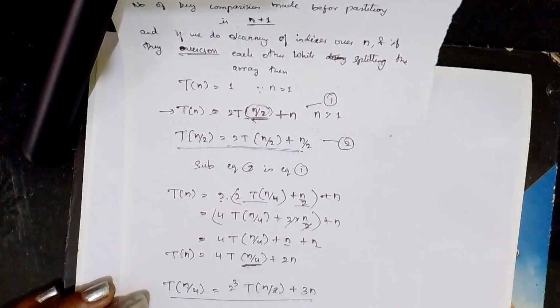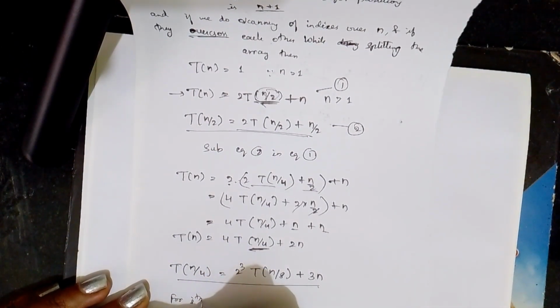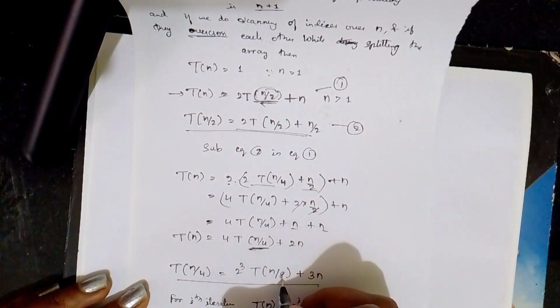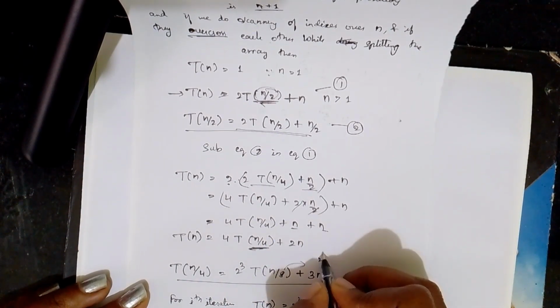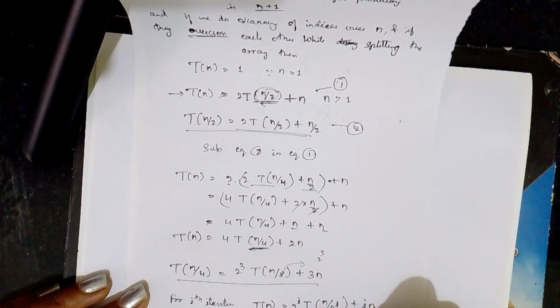For the ith iteration, we will get T(n) = 2^i T(n/2^i) + i n.